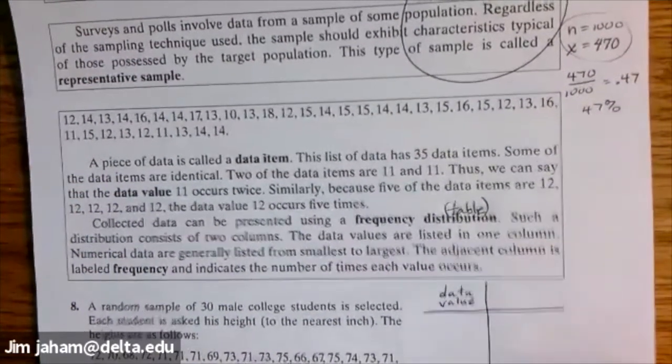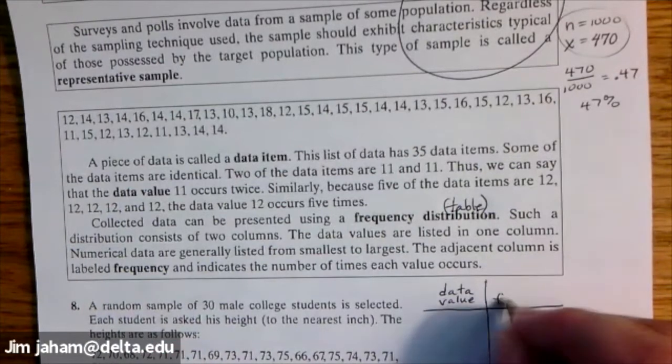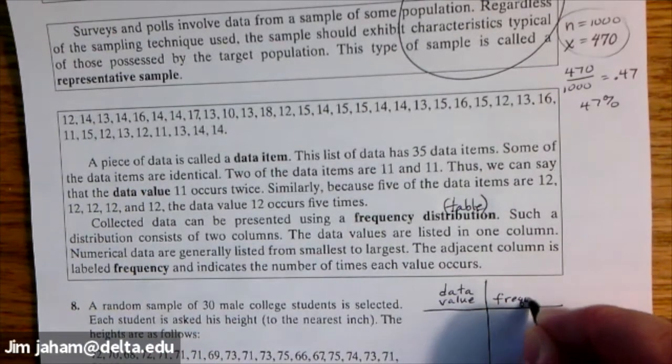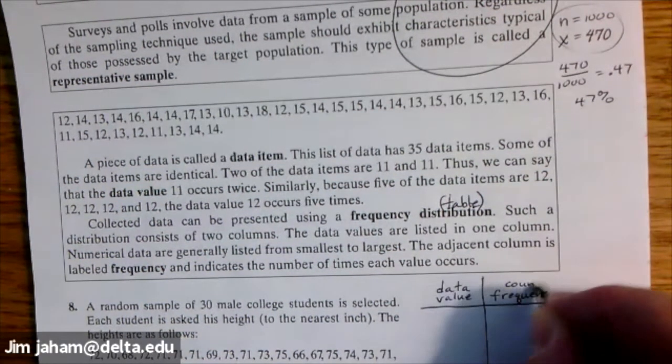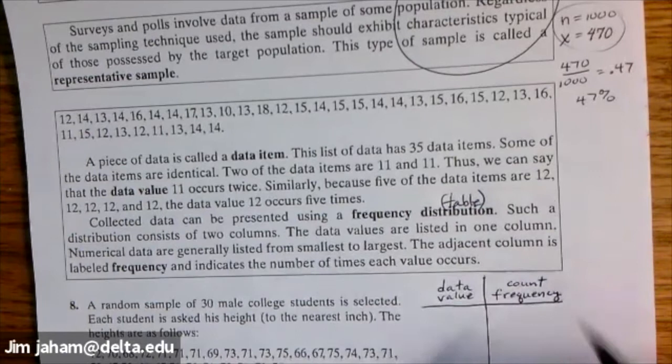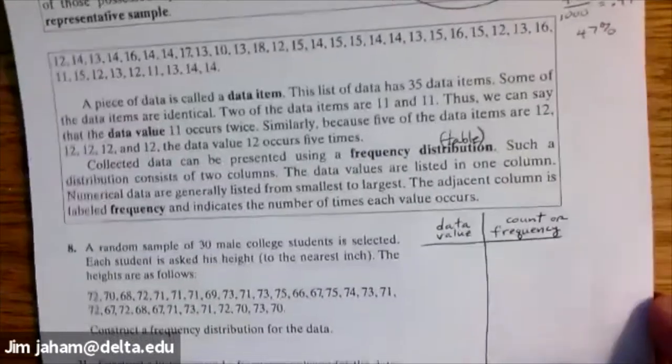And in the next column, we're going to label the frequency. The frequency is how frequent these data values occur. Another word that we use for frequency is count. So we just count up the data values of that type.